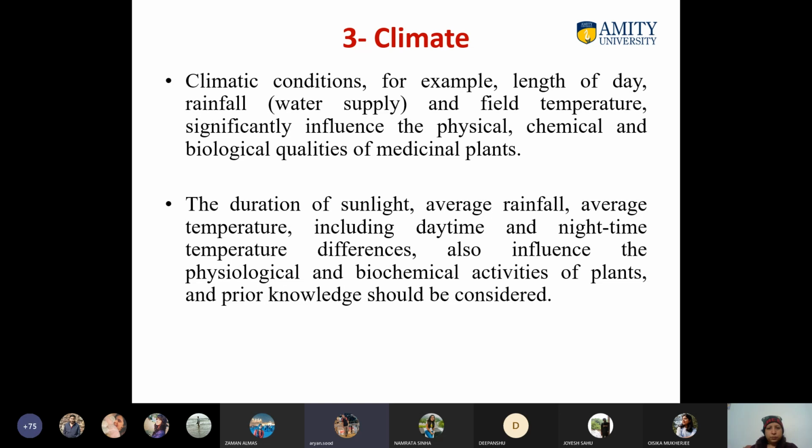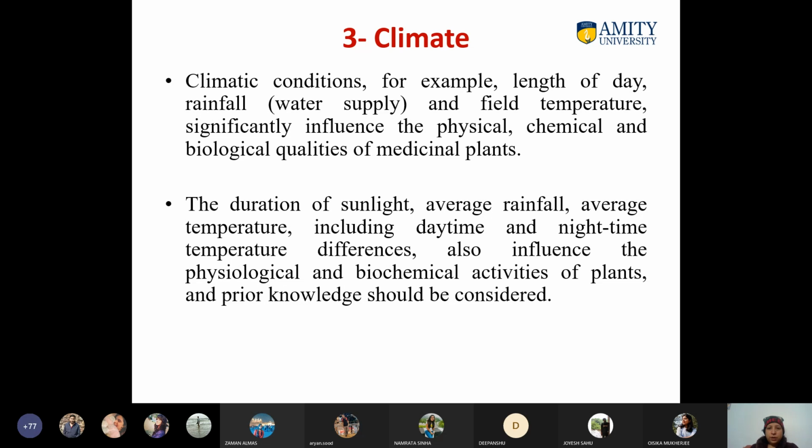The duration of sunlight, average rainfall, average temperature, including daytime and nighttime temperature differences, also influence the physiological and biochemical activities of plants, and prior knowledge should be considered. ओके सो climate में क्या क्या हमारे पास चीजें आती हैं, क्या क्या parameters we have to consider कि क्या day length है वहां की, water supply कितना है, rainfall की क्या frequency है, what is the field temperature.